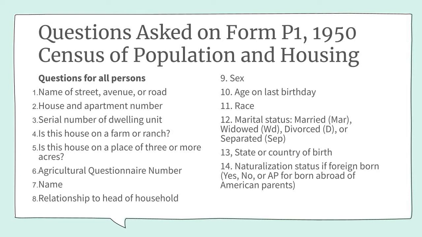But notice the marital status. We're talking about married, widowed, divorced, or separated, the state or country of birth, and the naturalization status if foreign born, or AP for people born of American parents overseas.